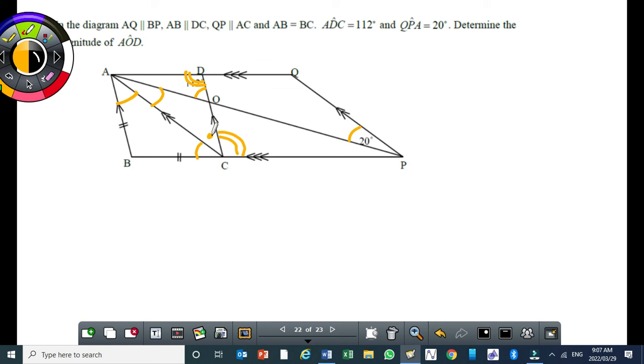Because I know this is 20, that's 112. So let's write everything down. So first, I'm going to say angle QPA. This is what you are given. QPA.